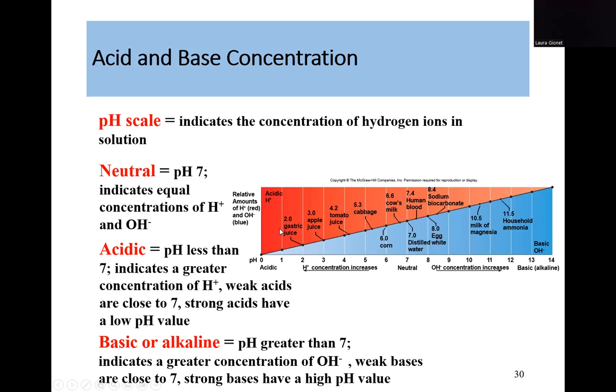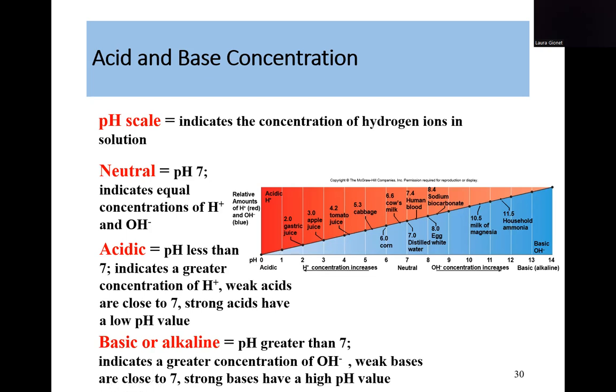So as the hydrogen ion concentration increases, and you get a larger and larger red area, the pH value of the solution is decreasing. When the hydrogen ion concentration decreases, so the red area starts getting smaller and smaller, the value we assign to that solution is increasing. Right?